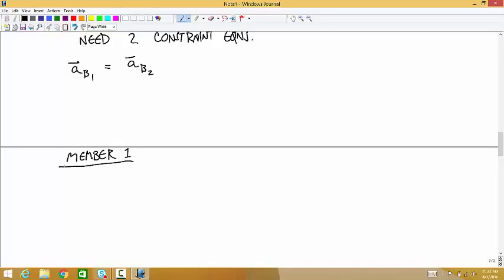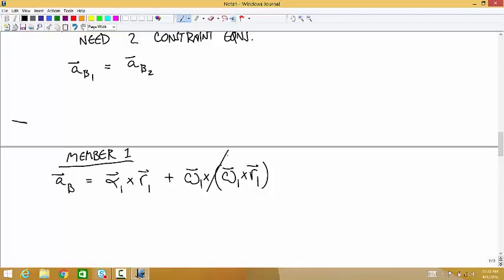Do we need relative motion for this? No, because member 1 has that fixed point. So the acceleration of B is just equal to the watermelon equation. We don't have any angular velocity.